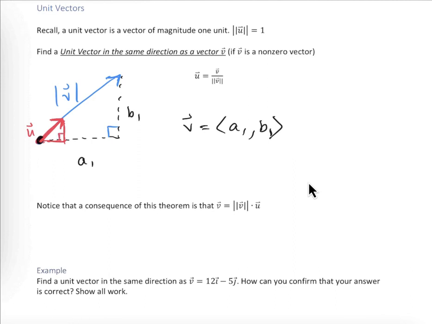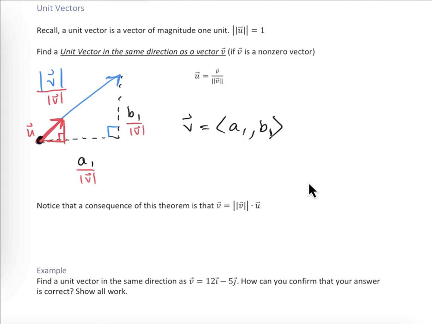How long are these sides? What would the components of that u vector be? Well, if we wanted to shrink down the hypotenuse side so that its magnitude was 1, essentially we would need to take each of the sides and divide it by mag v in order to get it to shrink down to having a hypotenuse side of 1.